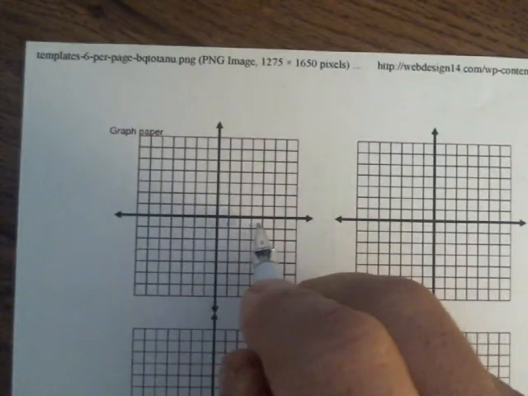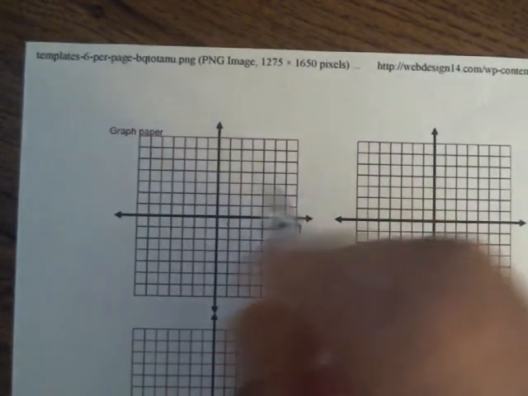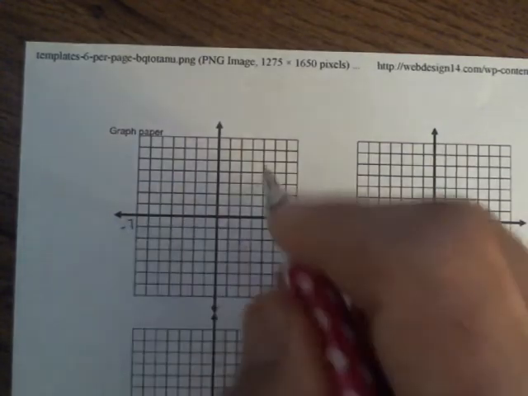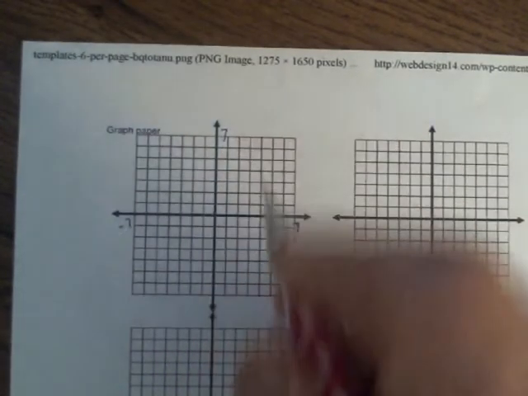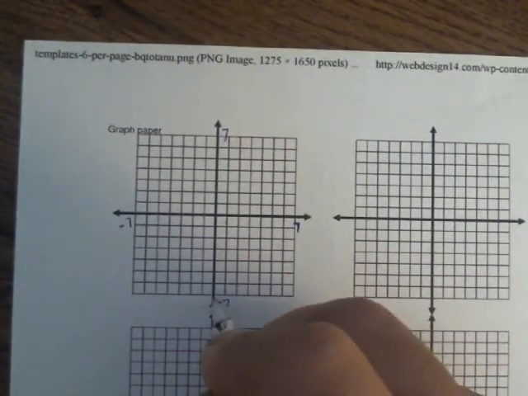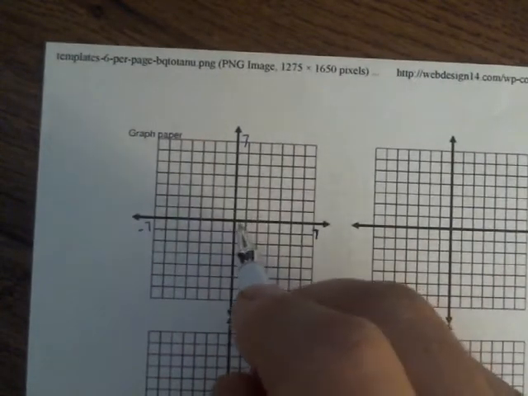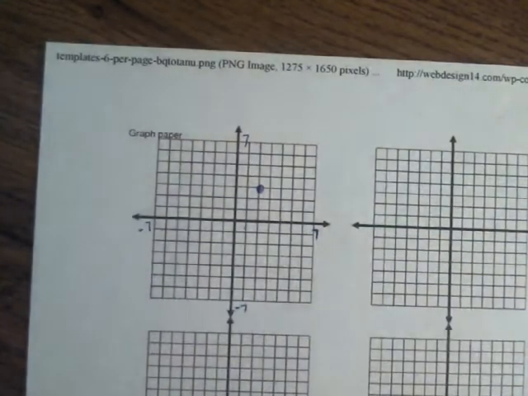You got 1, 2, 3, 4, 5, 6, 7. So that's 7 this way. 1, 2, 3, 4, 5, 6, negative 7 this way. 1, 2, 3, 4, 5, 6, 7 this way. And then down here is also negative 7. So if I want to plot 2, 3, I go over 2, count up 3, and make a dot.